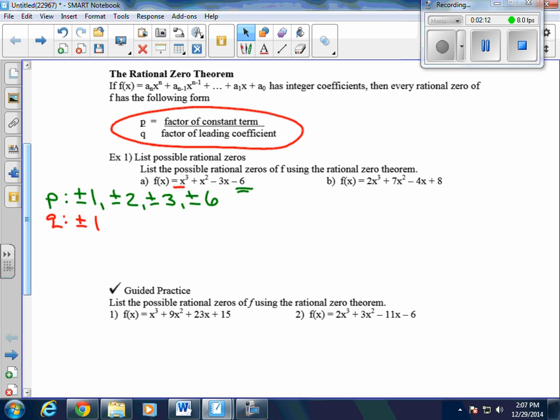So when we look at all of the possible zeros, it is going to be those numbers that are p divided by q. Well, if the leading coefficient is 1, it makes it super easy because it's simply whatever my p is.